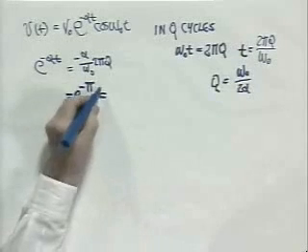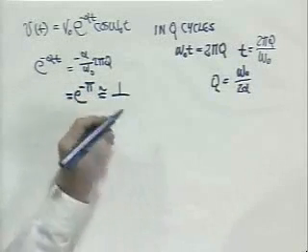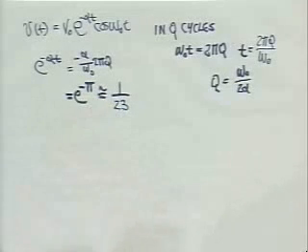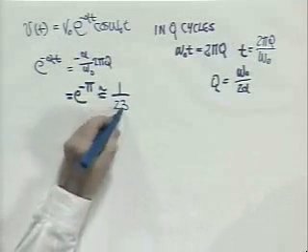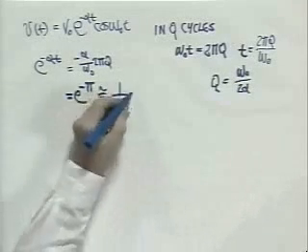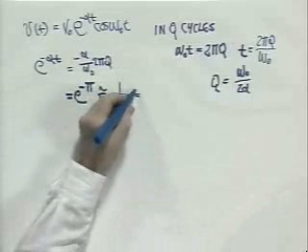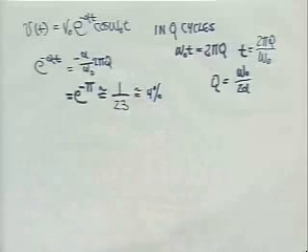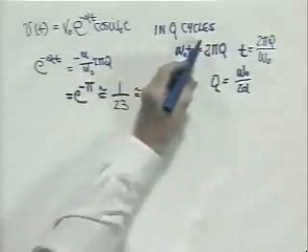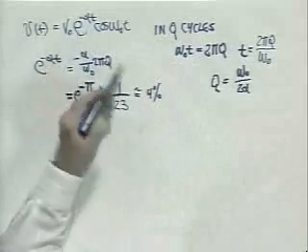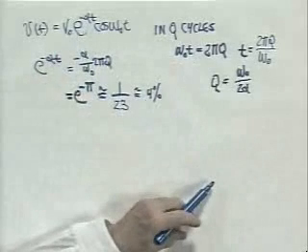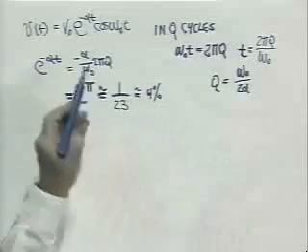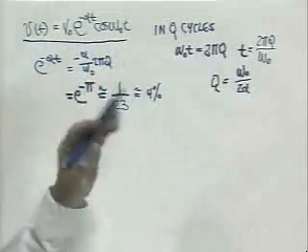E to the minus pi is approximately 1 over 23, or about 4% of its initial value. In Q cycles, the exponential gets down to 4% of its initial value. And you can say, for all practical purposes, that the voltage is gone.